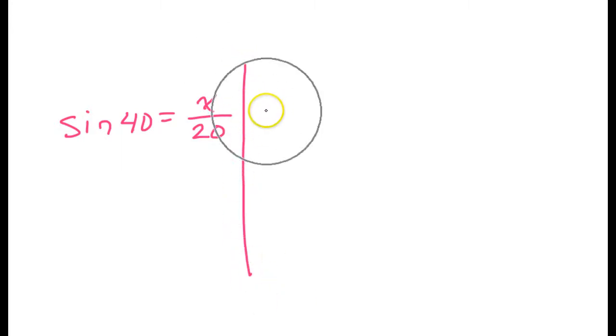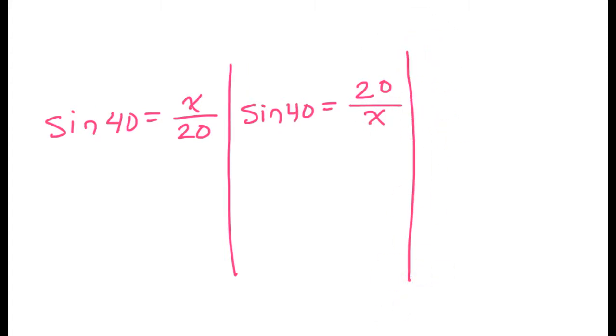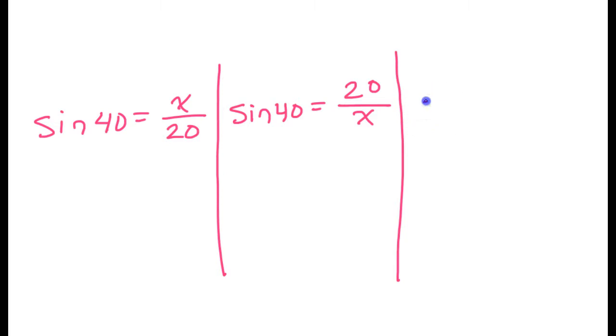On the other hand, say if I have the sine of 40 is equal to 20 over x. That's the second type of equation. And then the final type of equation would be like this.